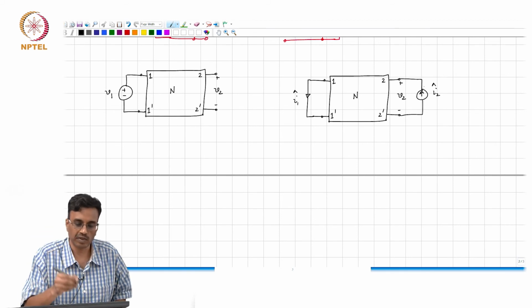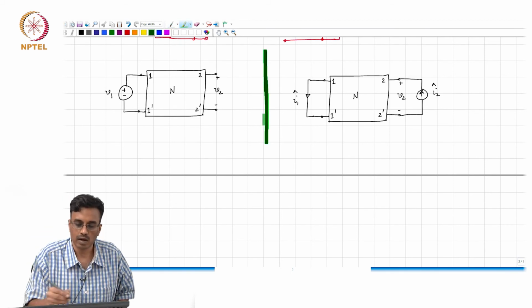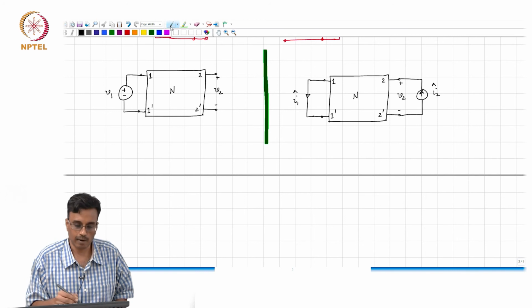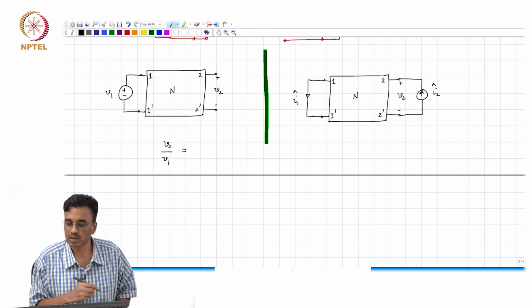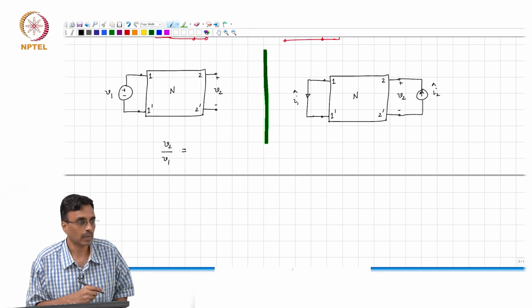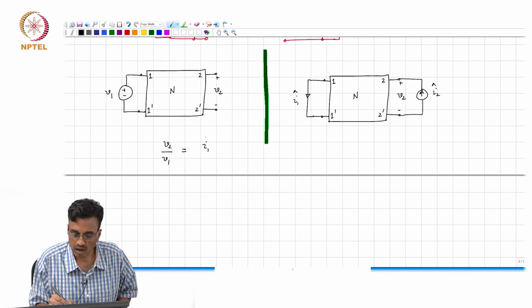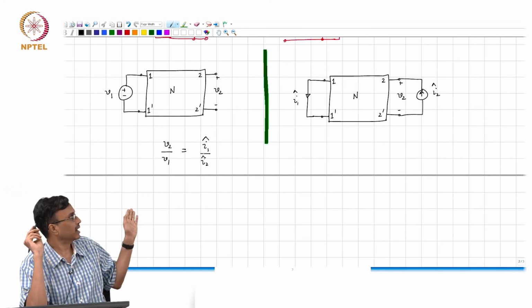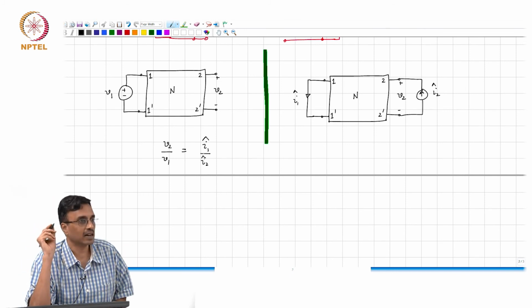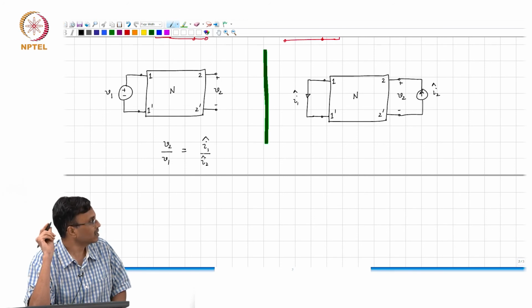I'll leave that for you as homework, and convince yourselves that V2 by V1 equals I1 hat by I2 hat. The voltage transfer function in the network on the left is the same as the current transfer function on the network on the right.